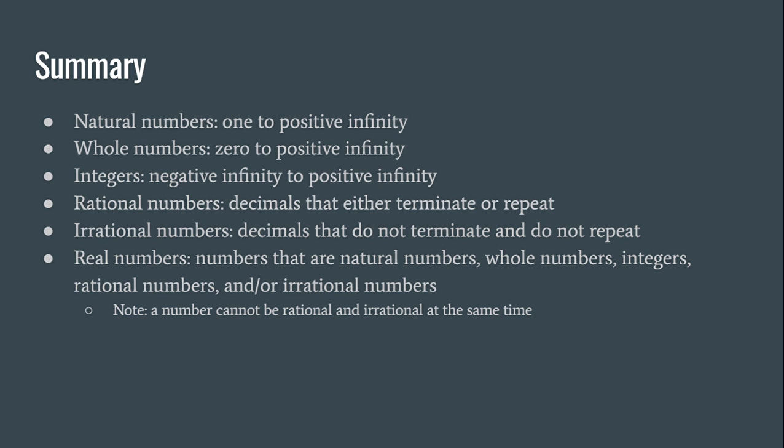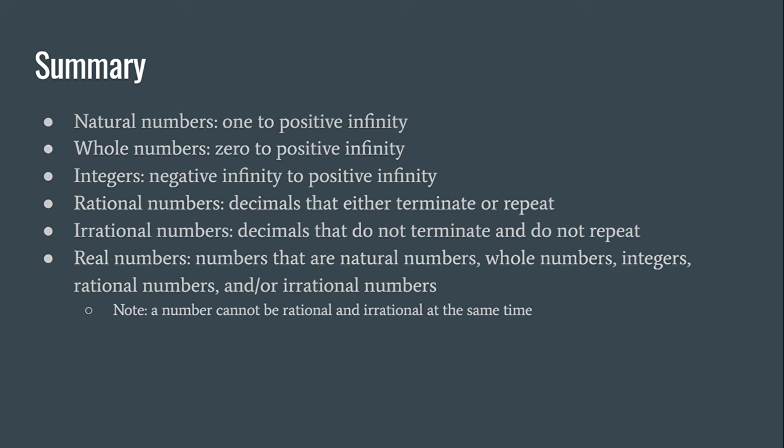Okay, now rational numbers are easier to identify as decimals. So if you have a fraction that doesn't simplify, convert it to a decimal. If it terminates or if it repeats, it's a rational number. One or the other of those 2 categories. Either it ends or it doesn't end. But if it doesn't end, it has to repeat a group of numbers or a number in order to be rational.